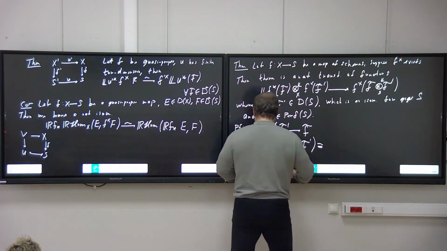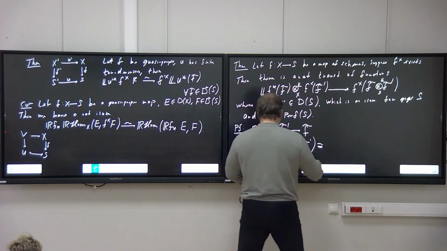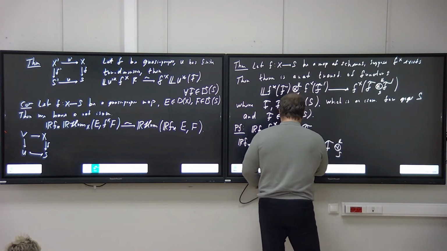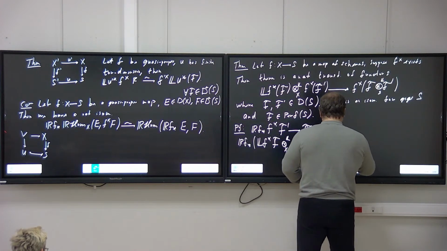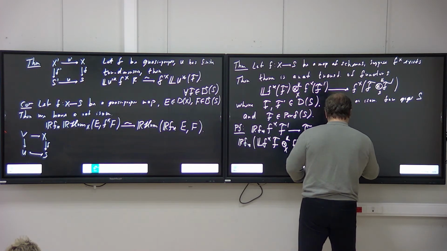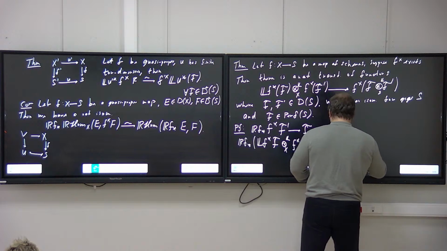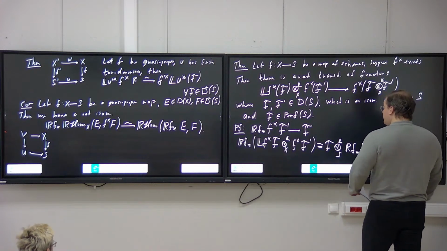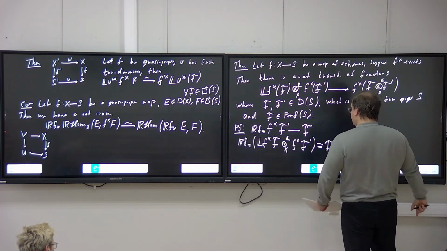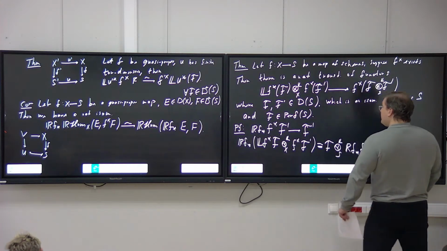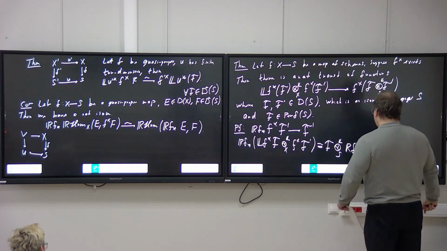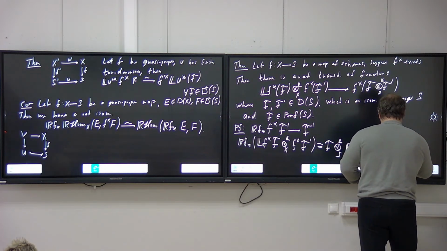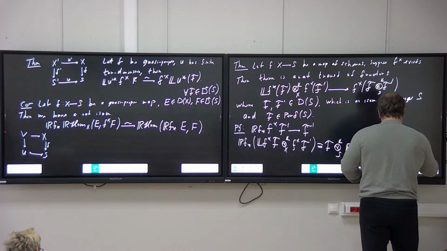By the projection formula, I can identify this with F tensor product with R f lower star f cross applied to F prime. So combining this with this co-unit map, I'll get the map that I want, the map from F derived tensor F prime.